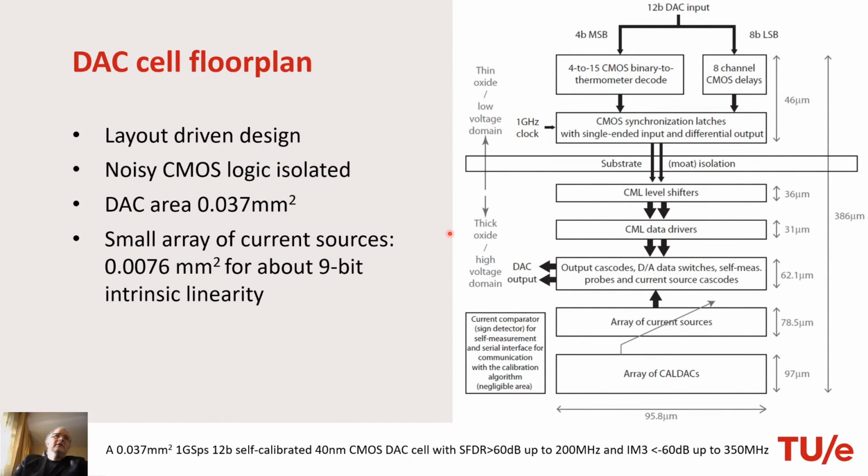So all these transistors are thick oxide and these are thin oxide. Then this is the floor plan of the whole DAC cell. Here is the digital part. Up to here we have the thin oxide digital transistors, at 1 volt, and we have a very good isolation between the analog part and the digital part.